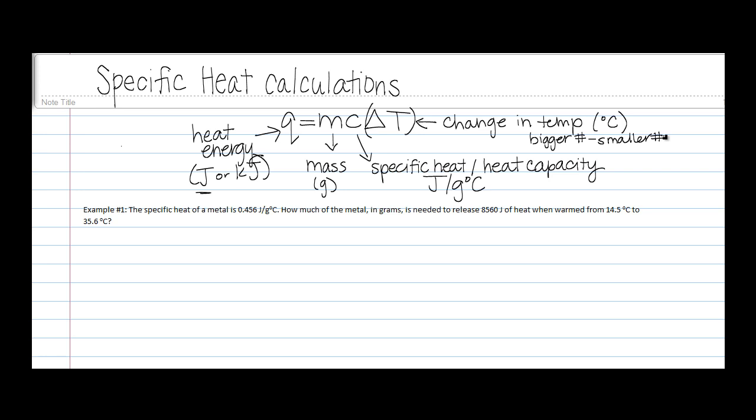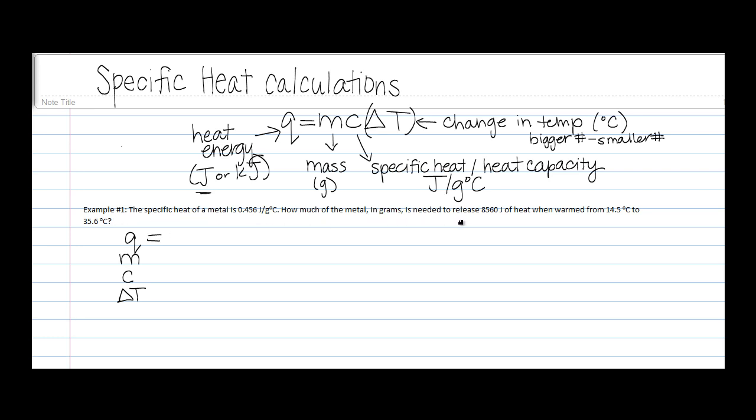So let's look at an example down here. It says the specific heat of a metal is 0.456 joules per gram degree Celsius. How much of the metal in grams is needed to release 8,560 joules of heat when warmed from 14.5 degrees Celsius to 35.6 degrees Celsius? So our variables that we know we're going to need are Q, M, C, and delta T. Okay, so my Q, remember Q is heat energy, and I'm going to be looking for joules in my problem.